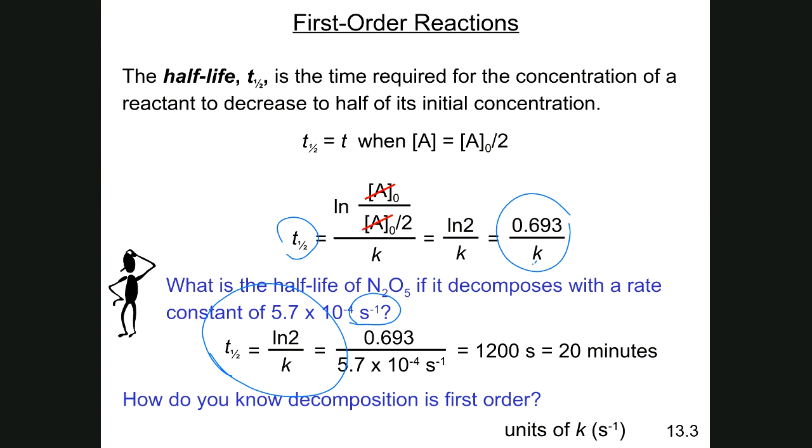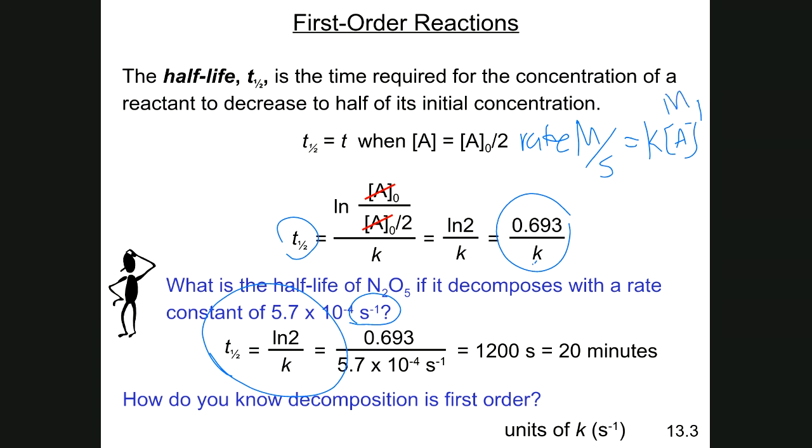How do we recognize that? You basically either have to memorize it or you say rate. The unit for rate is always mole per second, equals K times concentration of, let's say, A to the power of 1 if the concentration is molarity.